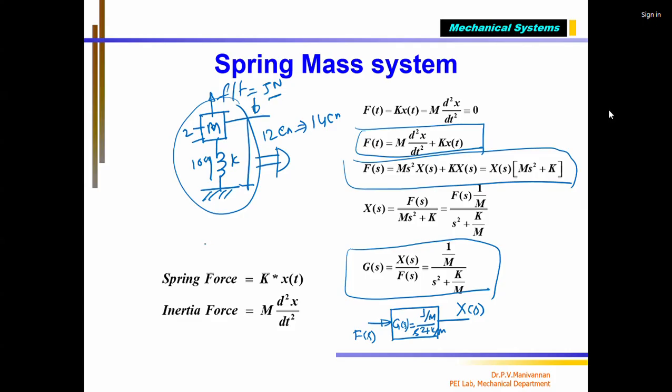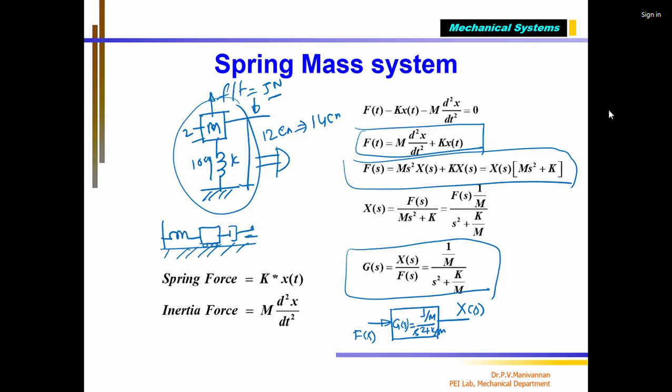For example, if everything is put on a table, you have a spring, your mass is there, and there's a damper. The mass element has some wheels, something like this, horizontally.